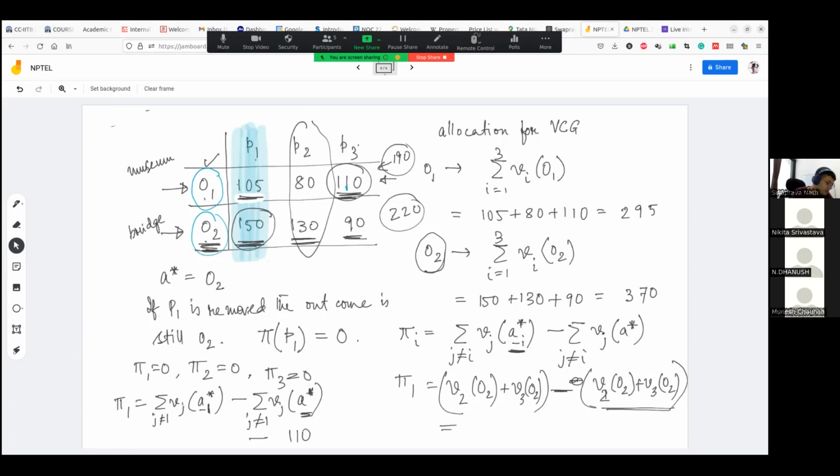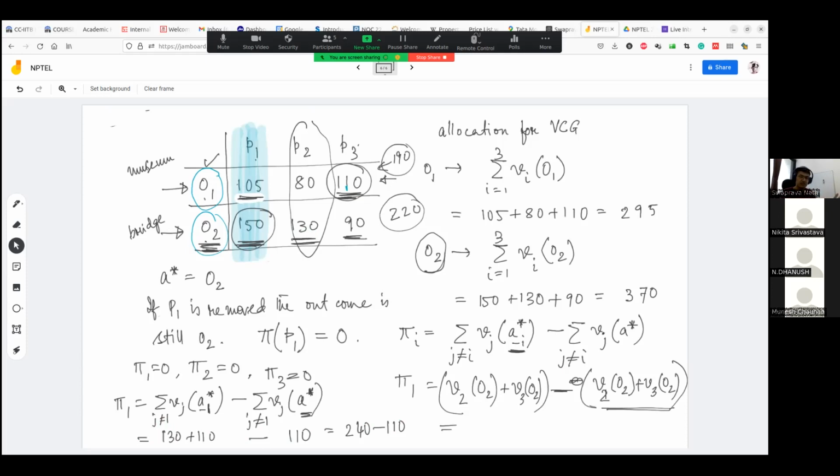So 130 plus 110 is 240. So 240 minus 110 is what the answer is, whatever that is. So 110 is going to be the payment for player 1. So is this clear now?